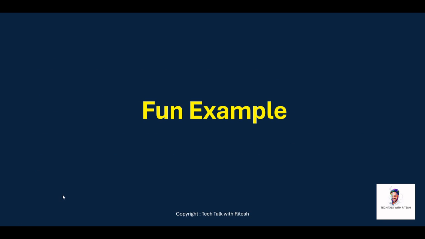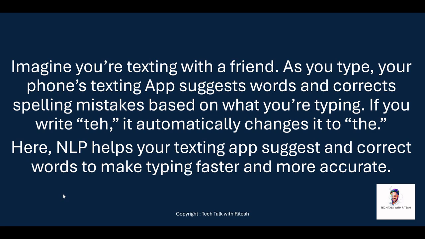Now let's see a fun example that we use on a daily basis. For example, WhatsApp or any messaging app we use. Imagine we are texting with a friend, and as we type, our phone texting app suggests words and corrects spelling mistakes based on what we are typing. If there is a typo, it automatically gives suggestions.